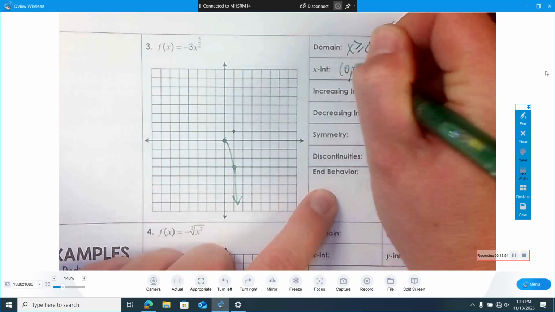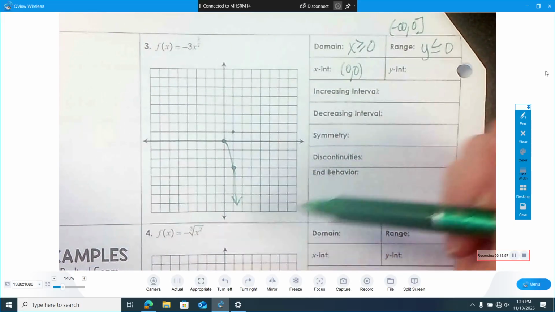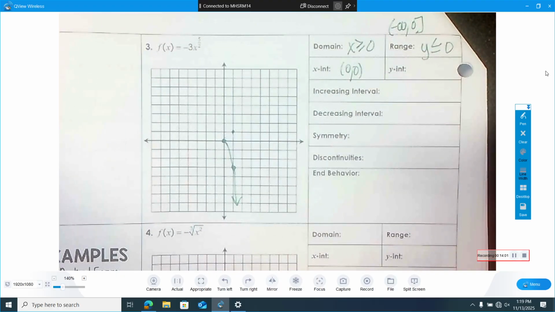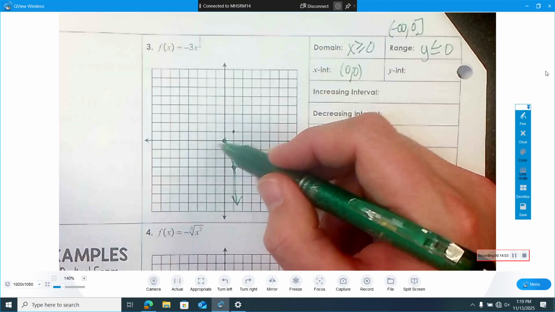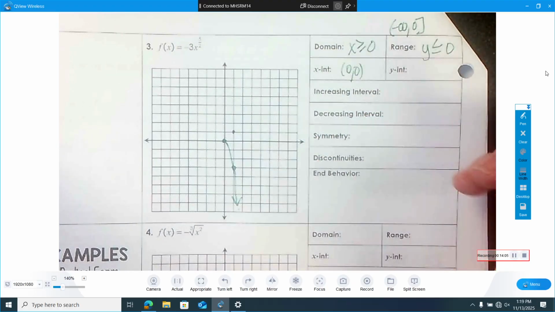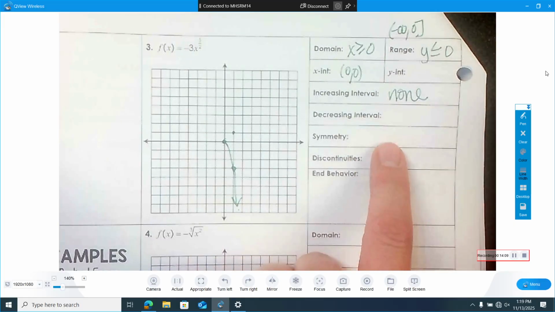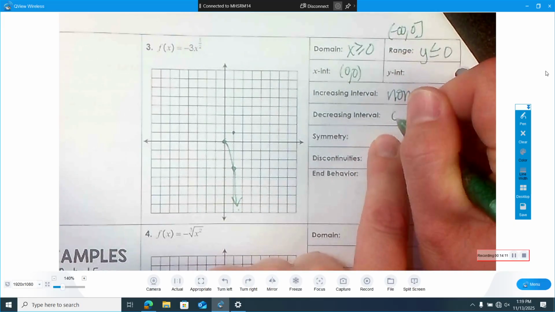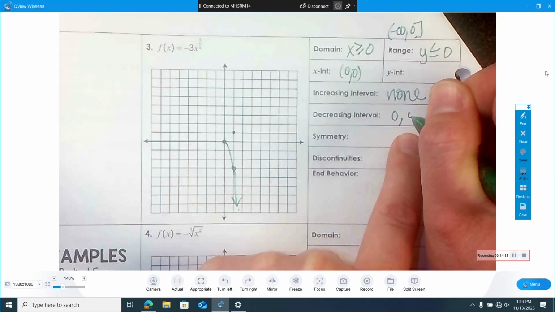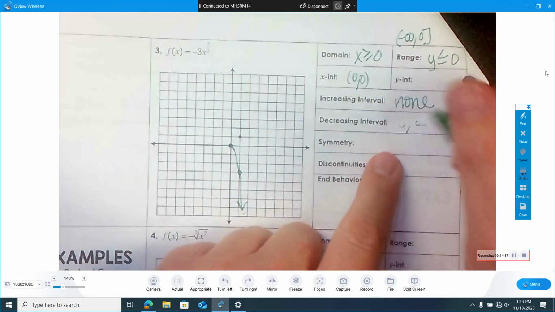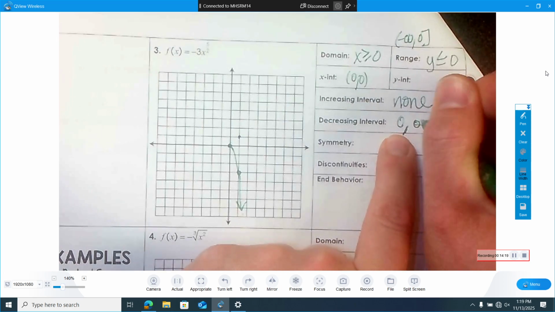X-intercept at 0, 0. Same as the y-intercept. Increasing. Is this function increasing or decreasing? It's definitely going downhill. So starting at the left side here, we're going downhill. So decreasing. There is no increasing interval. Where is it decreasing? 0 to infinity. 0, because we're talking about the x-axis.